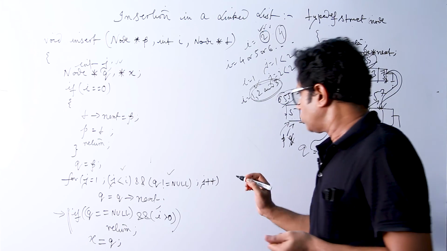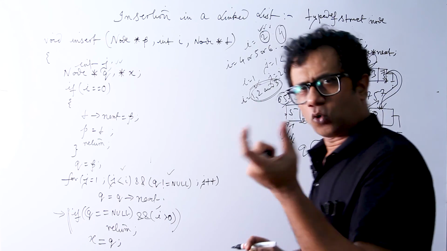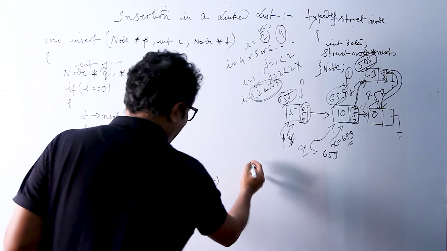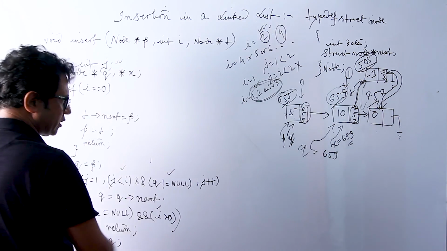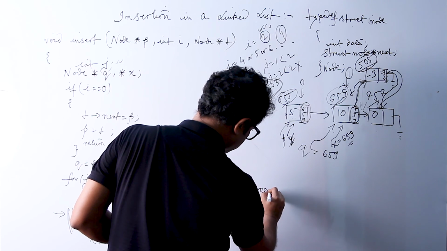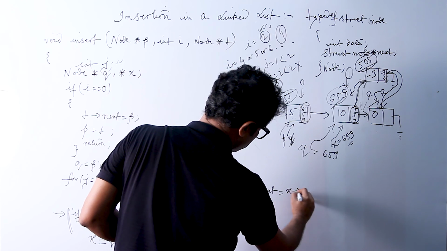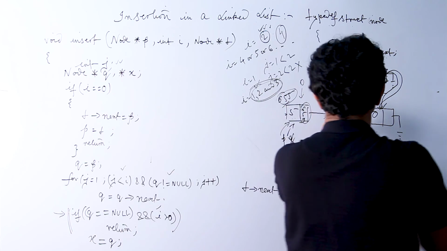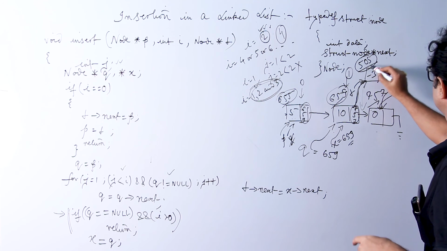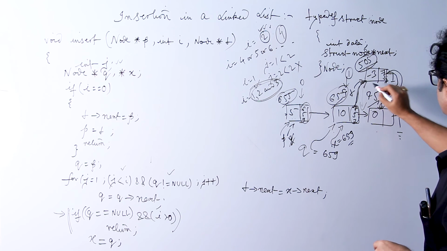So for that we have to write only 2 lines of code. I am left with 2 lines of code. So I am writing the 2 lines after x is equal to q over here, because there is a paucity of space over here. T next is equal to x next. What is T next is equal to x next? T means this node. I have already explained it to you.